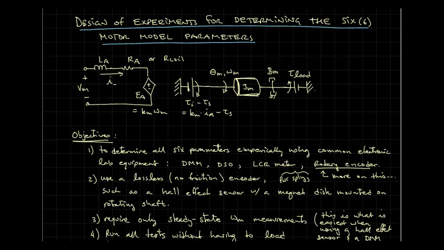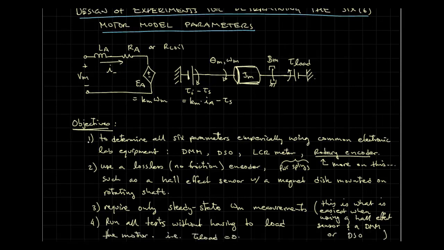There may be better ways to do it, but I have listed here the objectives, and some of these objectives are going to motivate why I end up with the experiments that I will eventually propose. Okay, so the first objective is to determine all 6 parameters empirically using common electronic lab equipment.